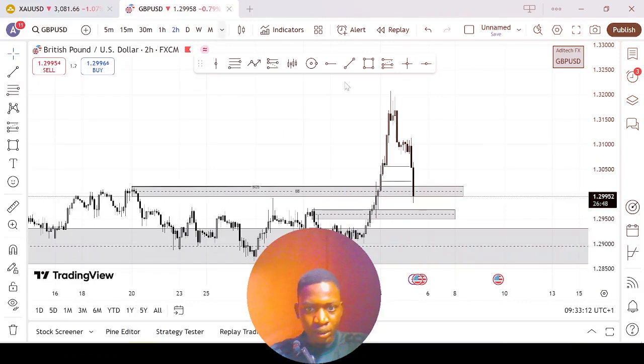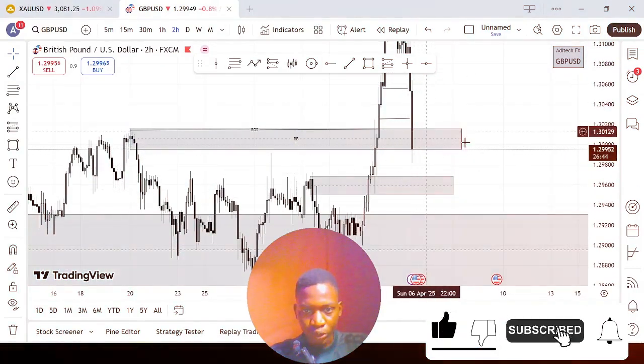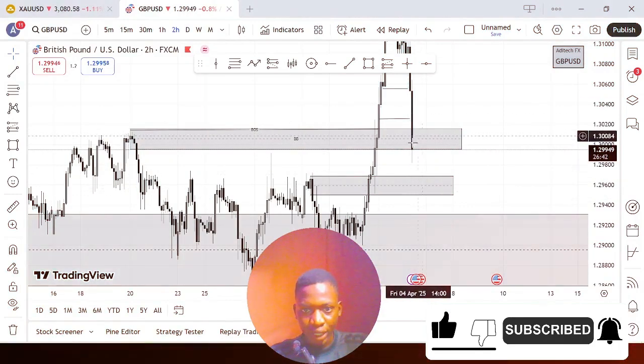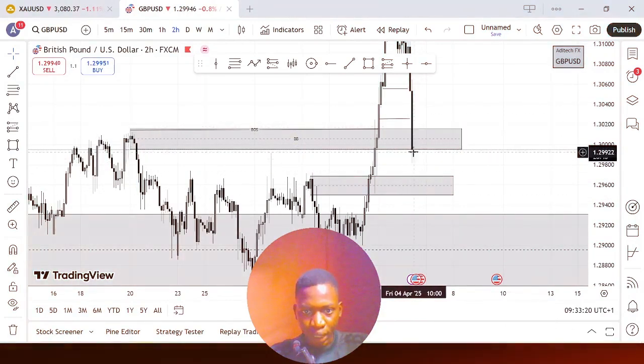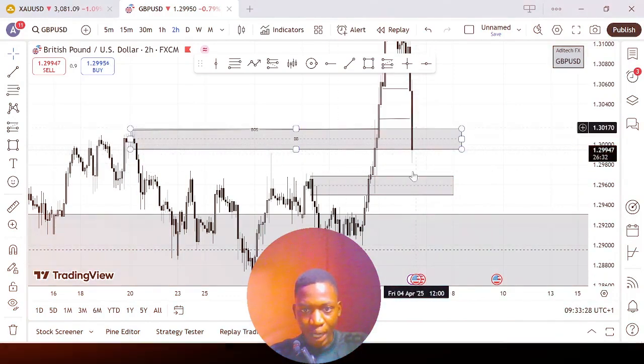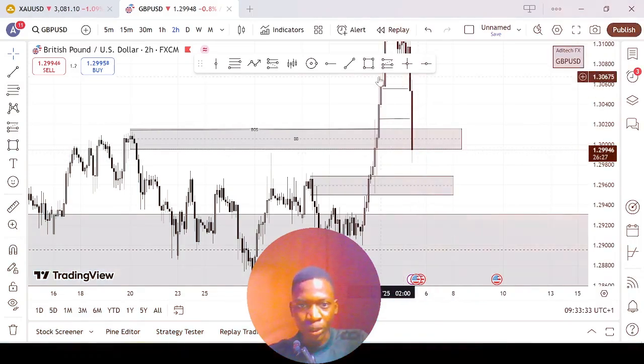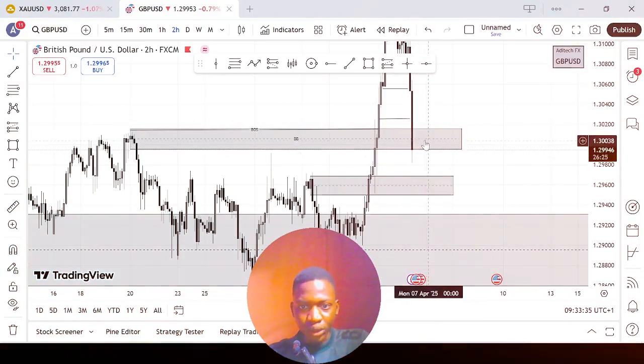All right, so GBPUSD is currently tanking down. So if GBPUSD is able to close below this candle, it will be heading for this zone. But if it's unable to close above this breaker block, then it's going to use this zone.